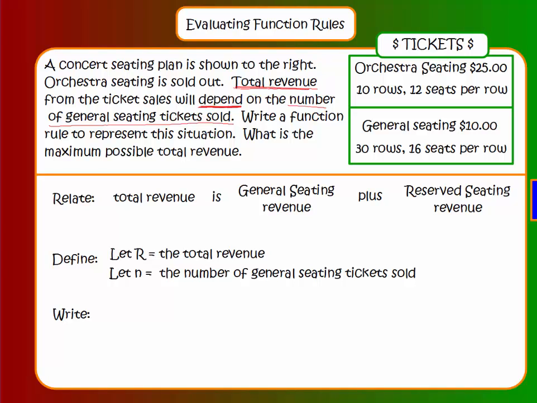Okay, so let's create an equation here, a function rule. We're going to have the total revenue, so R is going to equal, total revenue is, the general seating revenue. Well, how do I know what the general seating revenue is?